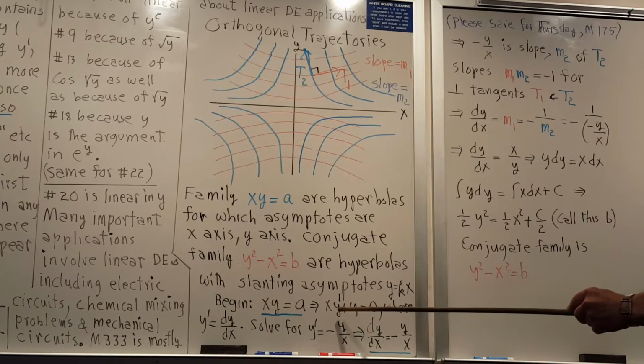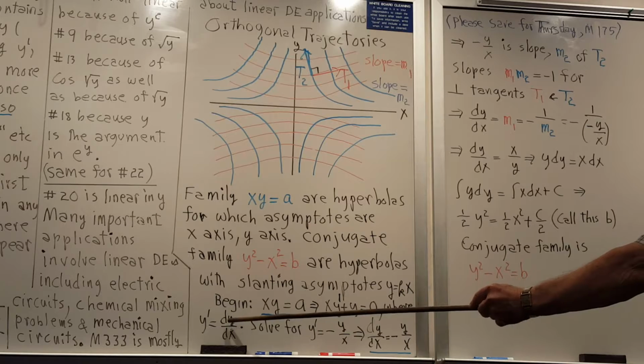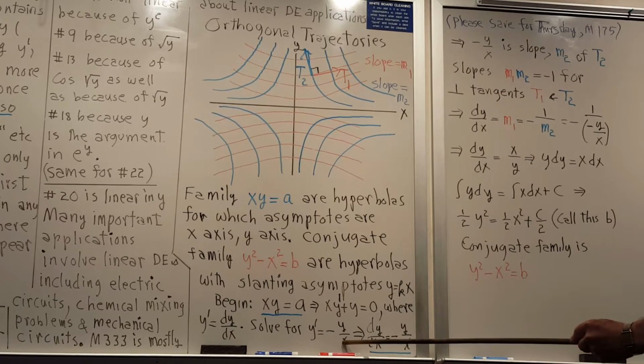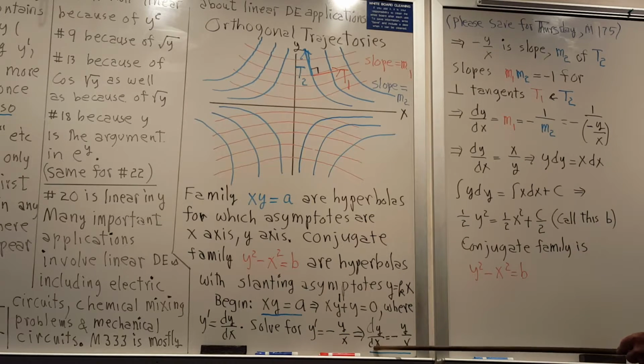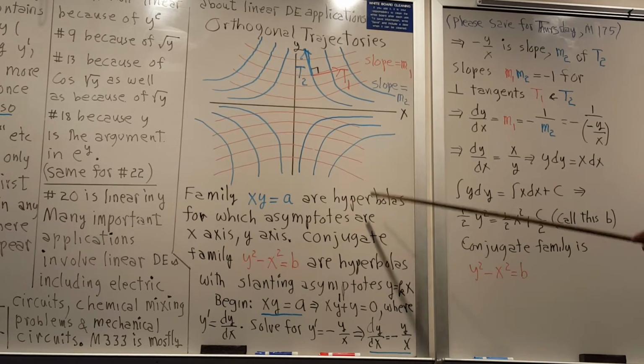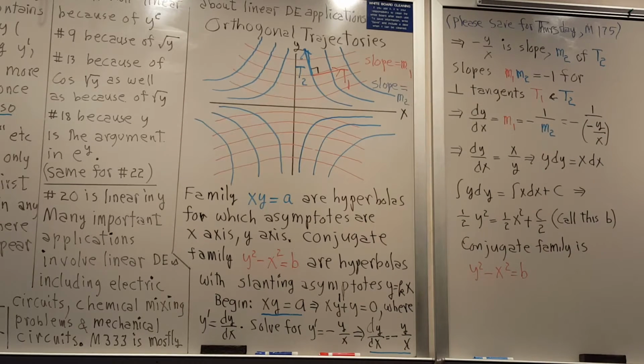So that means you could solve for y prime, or dy dx, as minus y over x. And write your differential equation with the differential quotient so you can separate variables. Okay, so this is the slope that I've been calling M2.